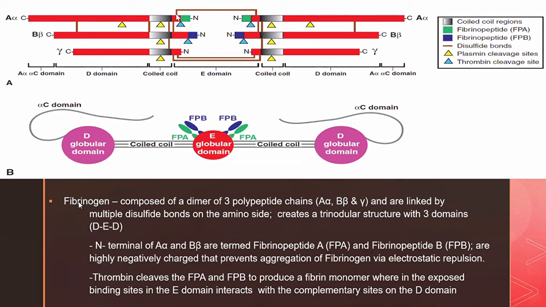Given this structure, it produces 3 domains: 2 D domains and 1 A domain. The A domain is this one, the space formed after the binding of the three polypeptides on each side.